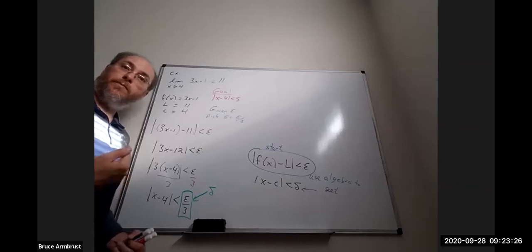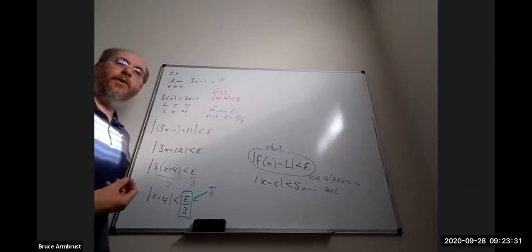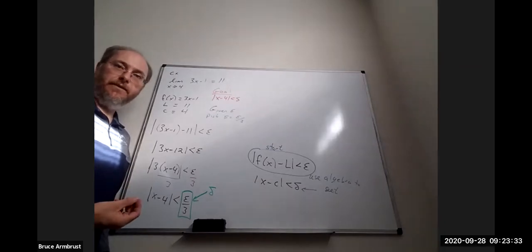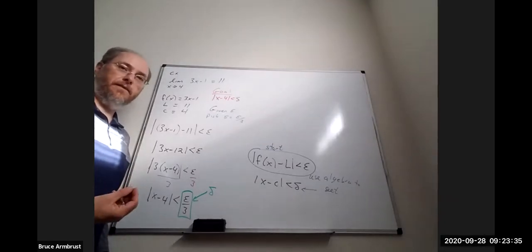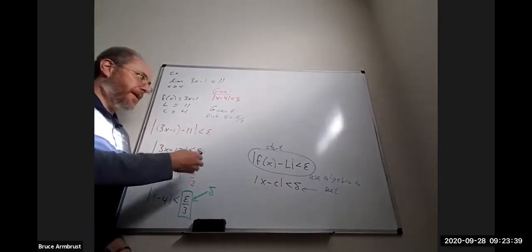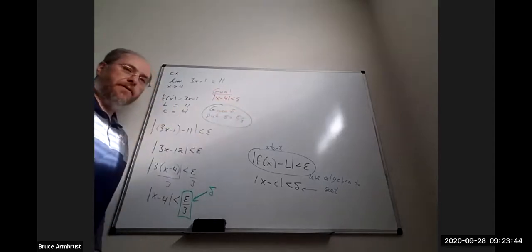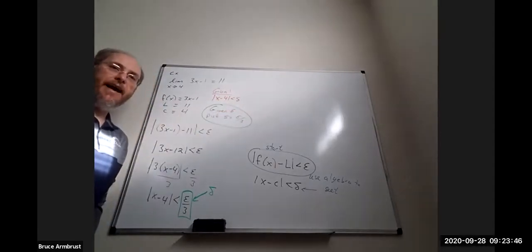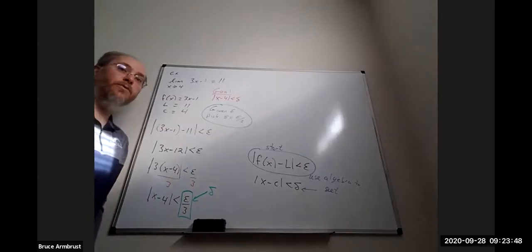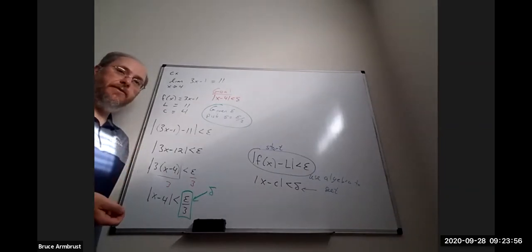If we want to prove that that limit is 11, we have to be able to find some way of specifying delta for any epsilon. And by me being able to write this statement right here, given epsilon, pick delta equal epsilon over 3, I now have a delta no matter what. No matter what, I'm just going to divide your epsilon by 3. This is enough to prove that the limit exists.